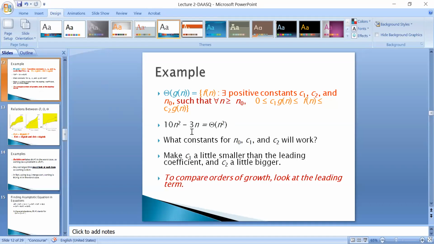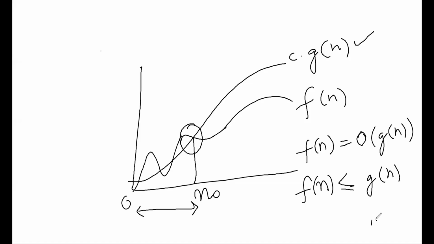Now look at this example, 10n square plus 3n, we say it is theta of n square. I'll just use the whiteboard to explain this. So your fn is 10n square plus 3n.